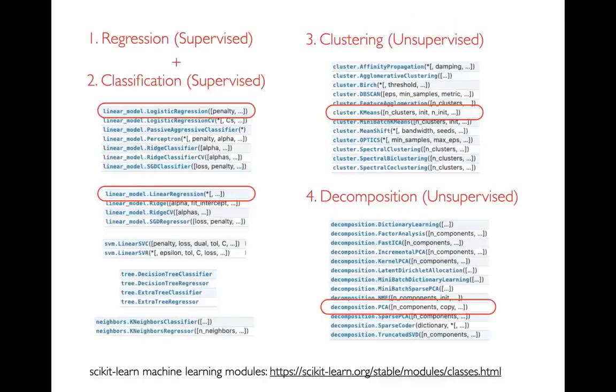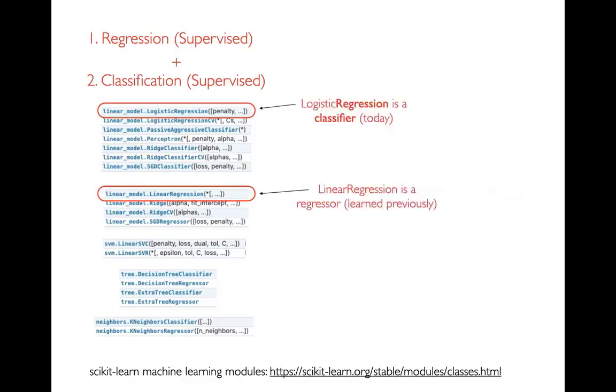As I've mentioned, we have these big categories, and sklearn has so many different algorithms, or implementations, for each of them. The one we've learned so far is linear regression. That's what we've been using for regression. So a linear regression model is what we call a regressor.